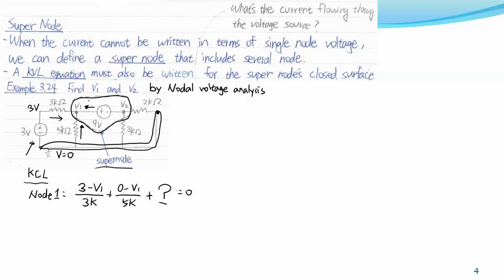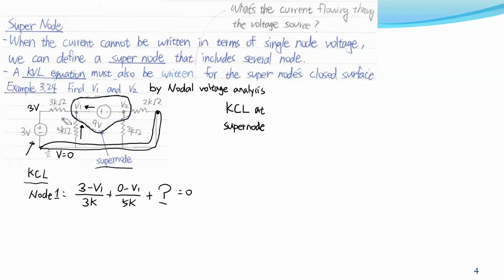So this is the supernode, and then we can start writing the equation. We rewrite KCL at the supernode.